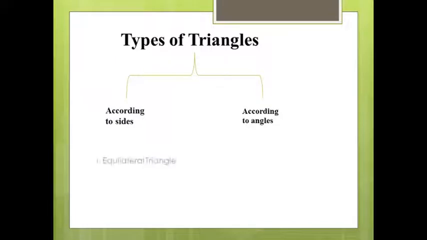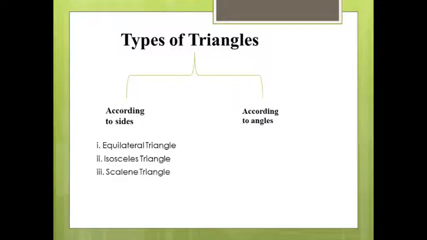Number one is equilateral triangle. Second one, isosceles triangle. And the third one is scalene triangle. For the angles, there are also three types of a triangle. Number one is acute triangle. Number two is right triangle. Number three is obtuse triangle.